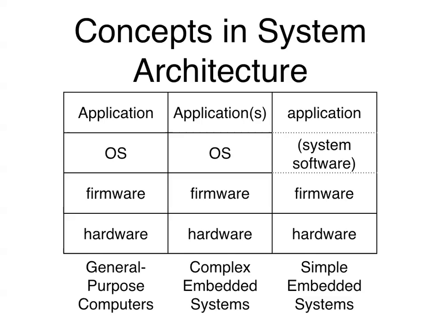Now, embedded systems come in a wide variety. Some of them, the high-end ones, can look very much like a general purpose system. As you see, there's really no real difference between a complex embedded system and a general purpose computer.